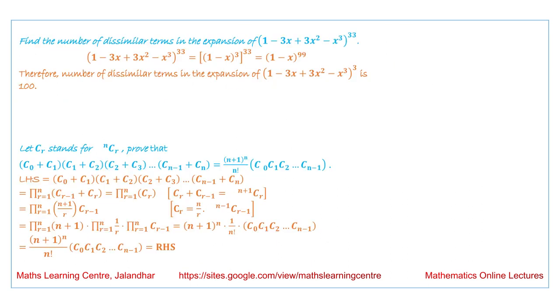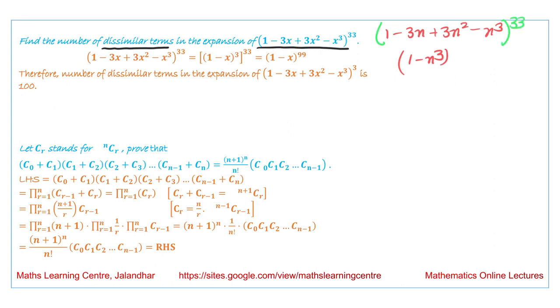So based upon this, the first question we have is: find the number of dissimilar terms in the expansion of this. If we look at this term, it is 1 minus 3x plus 3x square minus x cube. So this is basically (1 minus x) whole cube. Now the power we have over here is 33.